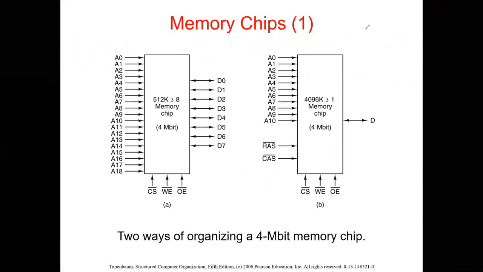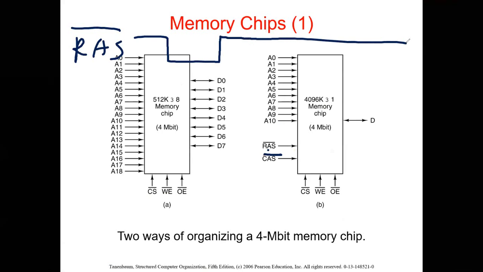So now let's look at the memory cycles. The first thing is, this is active low enable, right? So my RAS will go low, and then I will need to have my address pins, from 0 to 10.